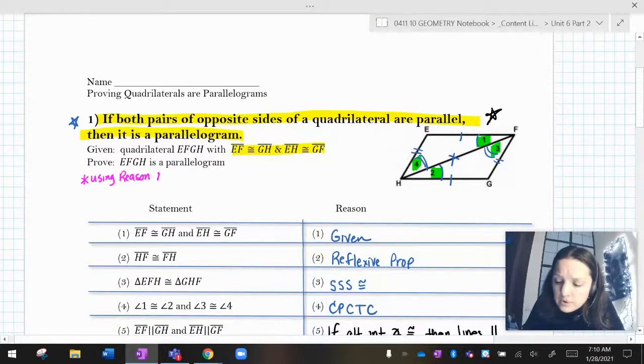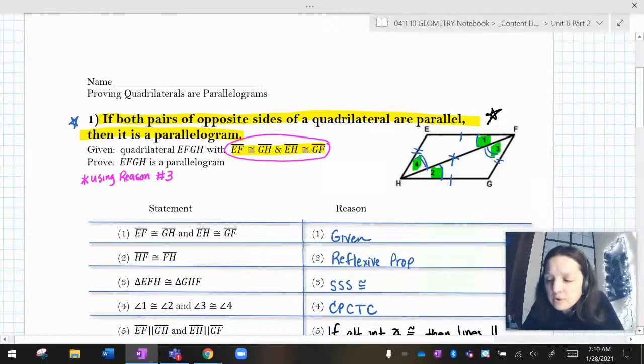So using reason number 3, now that I know that these opposite sides are congruent, I could do step 1, copy out my givens, and step 2, EFGH is a parallelogram because both pairs of opposite sides are congruent.